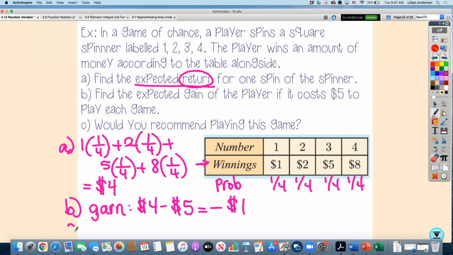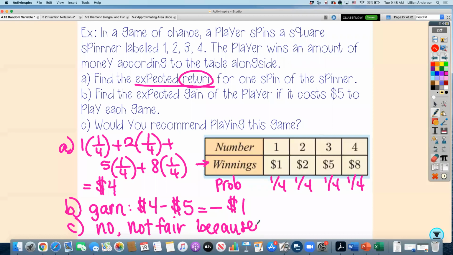So with that being said, would you recommend playing this game? No, do not play this game. It's not fair, because as we can see, the gain is in the negative.